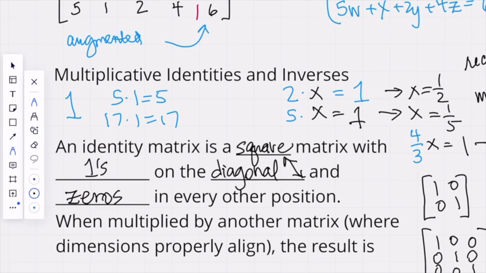A number multiplied by 1 gives you the same number. And these identity matrices are going to do the same thing. When multiplied by another matrix, and you've got to have the appropriate dimensions, the result will always be the original matrix. Okay, so anything times an identity matrix will yield the matrix you started with.